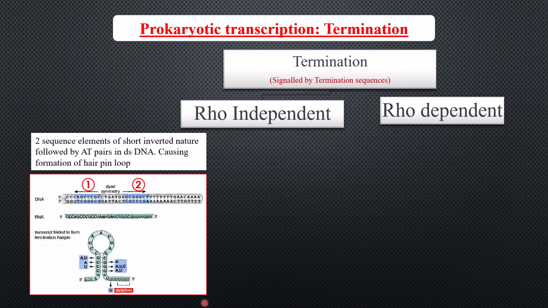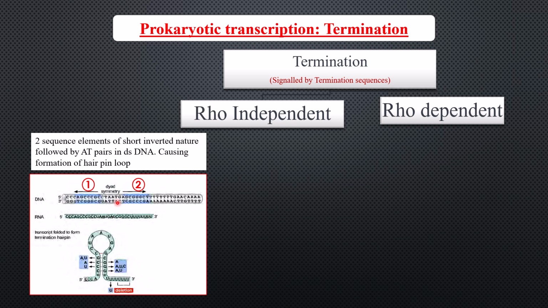In rho independent termination, no protein factors are involved, so there is no rho as such. But in addition, there are two sequence elements of short inverted nature followed by AT pairs in the double-stranded DNA. What does it mean?